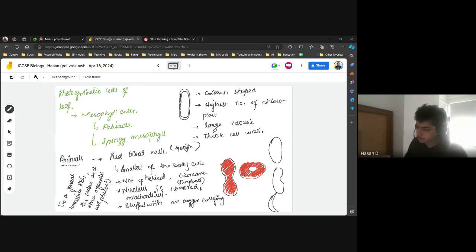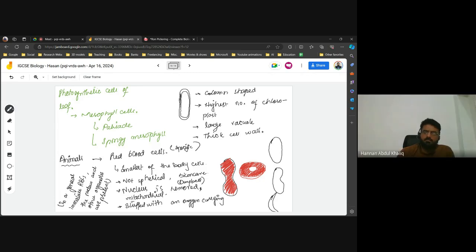Nucleus is removed and mitochondria is also removed. Why do we need to remove them?